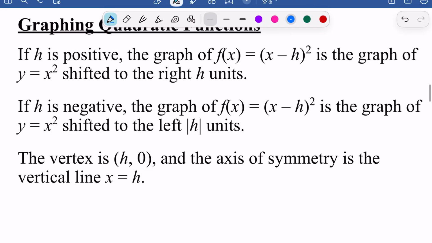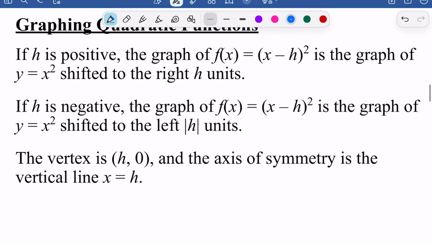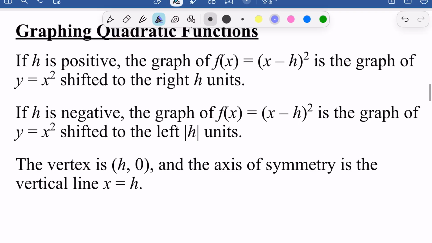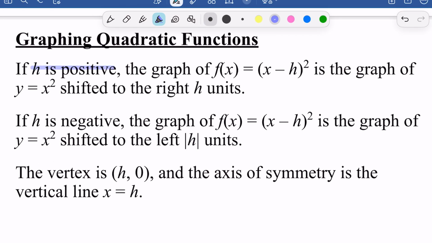Okay. Now let's look at what happens if we have a value inside those parentheses with our x. If we have this value of h, and h is positive, then our graph is going to shift to the right h units.